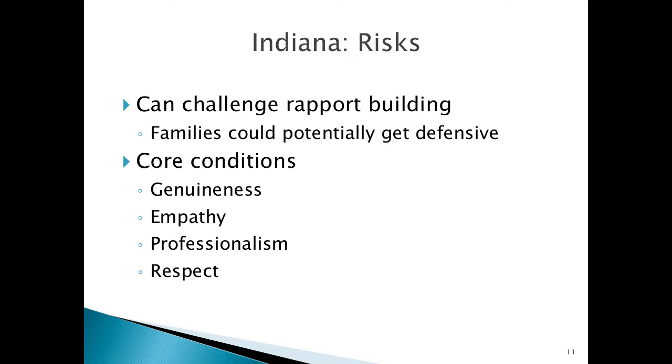We know it takes a lot of work and effort in order to gain the trust of our families, which is why we've built our practice model upon 4 core conditions that you see on your screen in order to work past the potential challenges and work with families. We know that if the family case manager approaches a family with a family network diagram or any other case management tool with genuineness, empathy, professionalism, and respect, then their rate of success will be much higher.